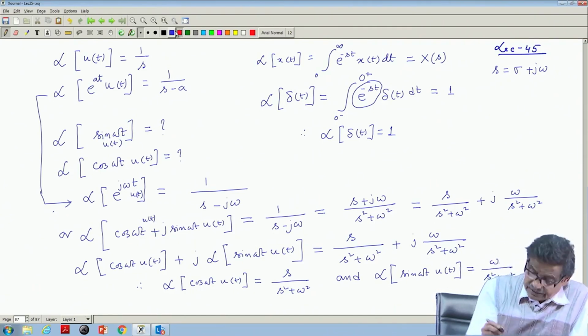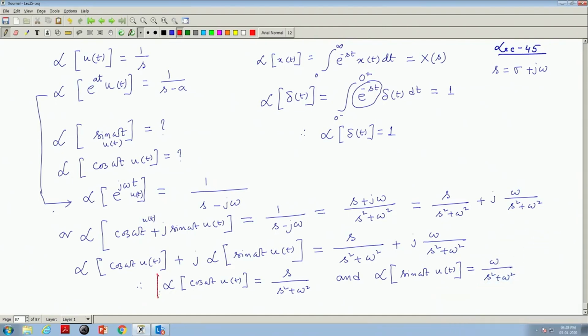These two results are very useful in circuit analysis, because our inputs may be sinusoidal functions, which is quite common, so these two results are very important.